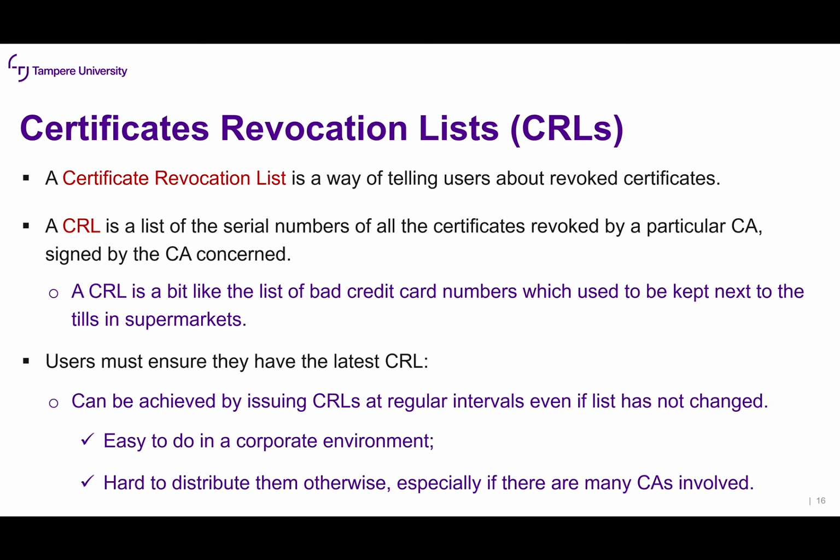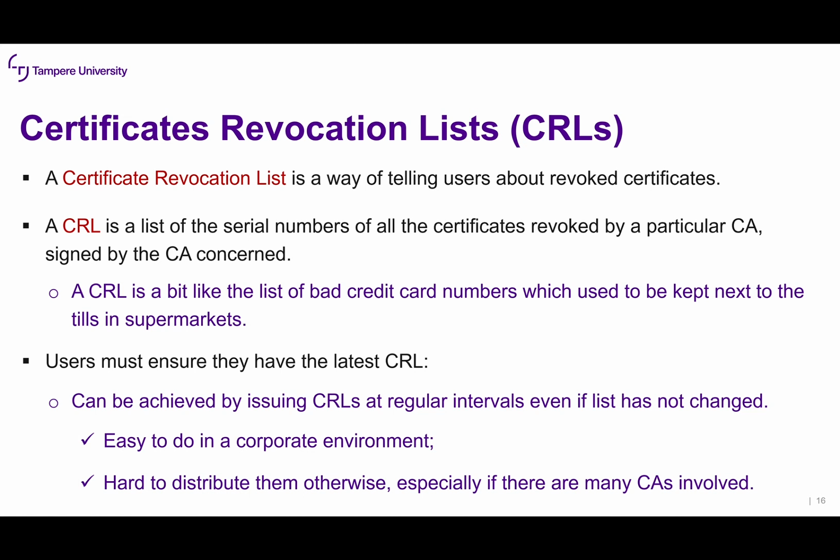Such a system can work well in a corporate environment where, let's say, overnight background jobs are often used to make sure each desktop computer in the company is up to date with the latest software, etc. For other situations, it is hard to see how the CRLs can be distributed, especially if there is a large number of CAs trusted by each user.